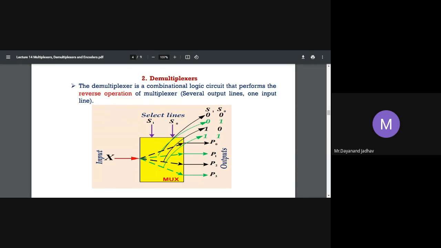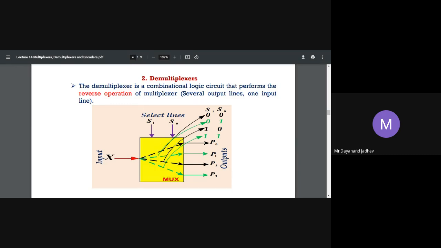If only one input is there and there are four output lines, P0, P1, P2, P3, then with select lines 0 0 we consider P0 as the output, then 0 1 gives P1, and 1 1 gives P3. These are the outputs.